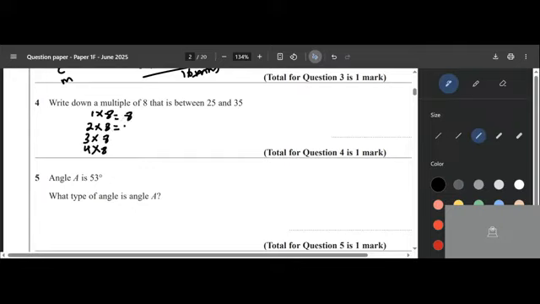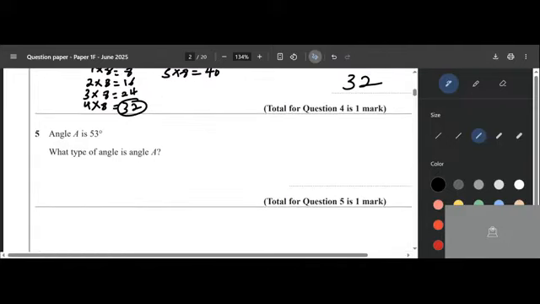So here we have 8, 16, 24, then we have 32. Then if you take 5 times 8, this is 40. So we have already passed the range. They're asking for numbers between 25 and 35, so the only number that is between 25 and 35 is 32. So we write there 32.